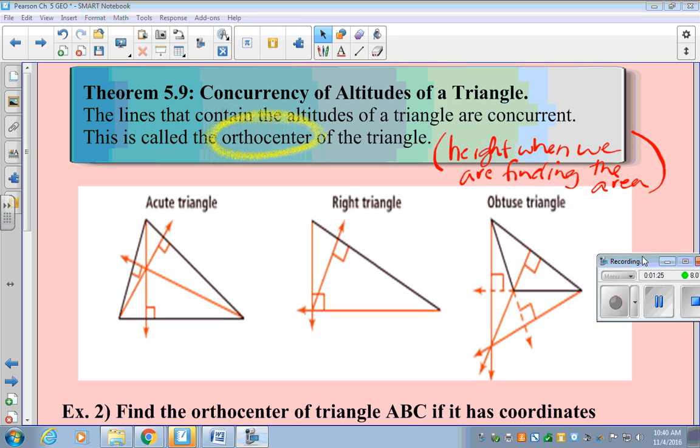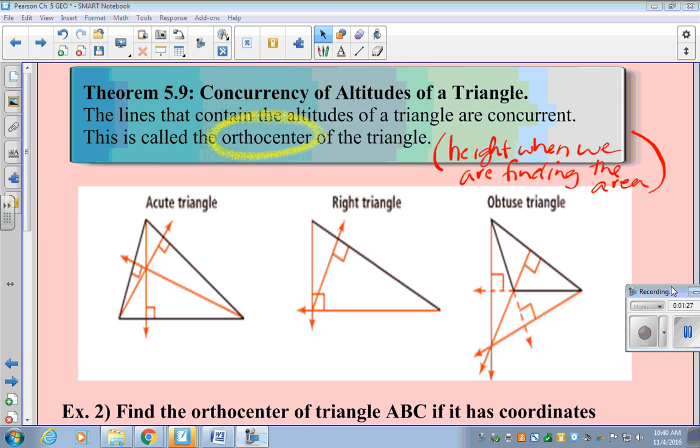So an orthocenter is the altitude of the triangle. And in case you don't remember what an altitude of a triangle is, it is what we have been using since we were small children in elementary school to calculate the area of a triangle.